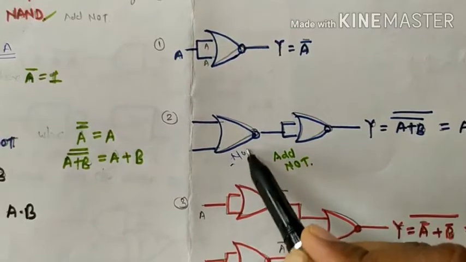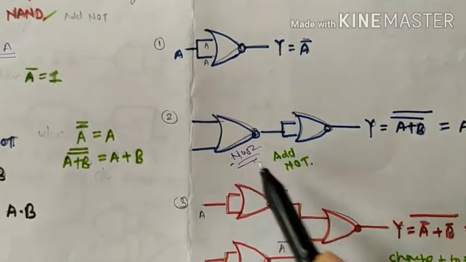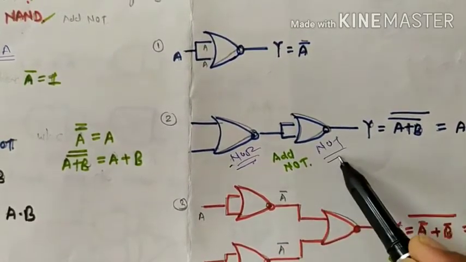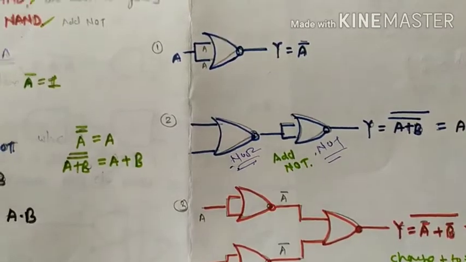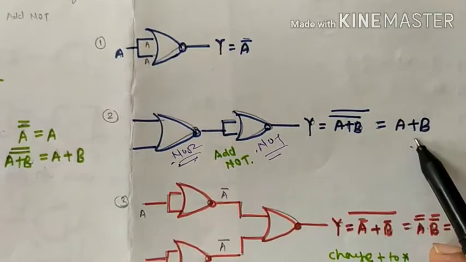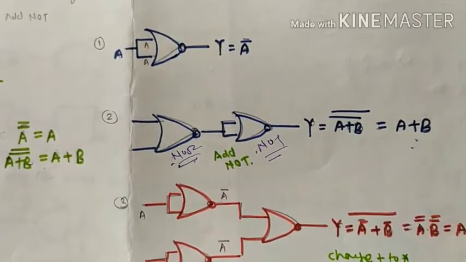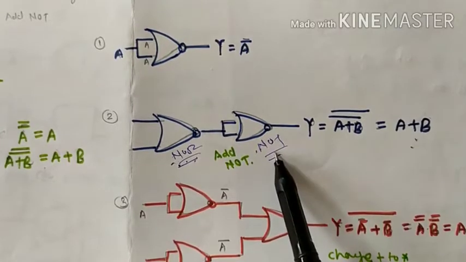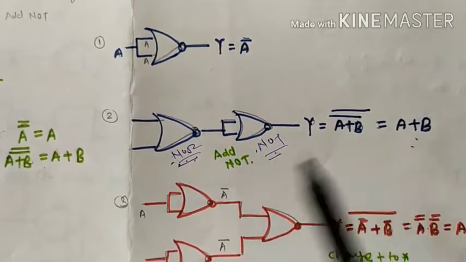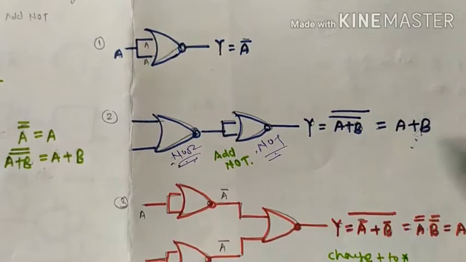We implement one NOT gate in front of this. So NOR, again one NOT, will be an OR gate. One NOR gate, with one NOT gate implemented in front of it, gives an OR gate.